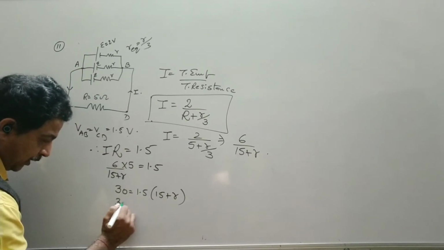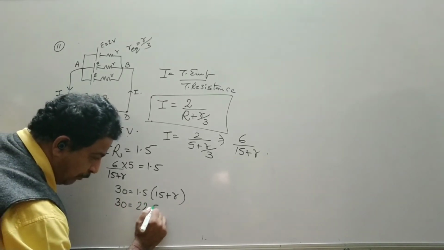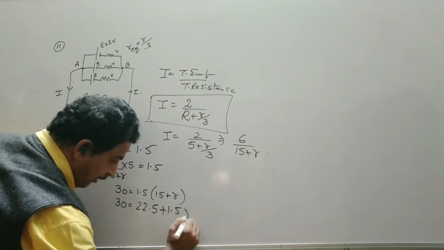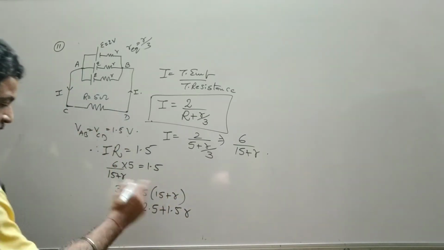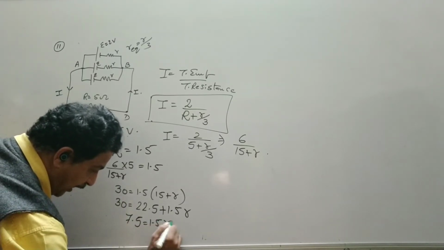So this can be written as 30 is equal to, either you do 15 into 1.5, that will be 15 plus 7.5, so 22.5 plus 1.5r. So this can be written as 7.5 is equal to 1.5r.